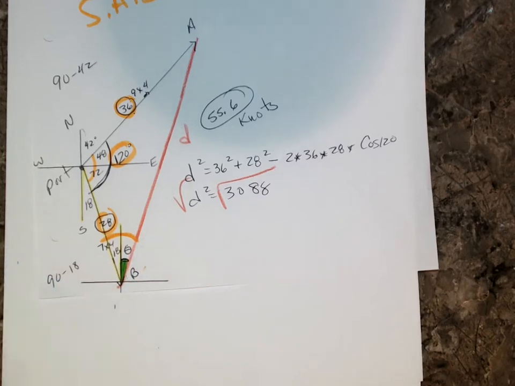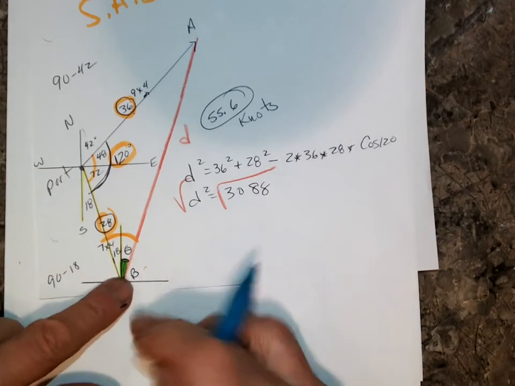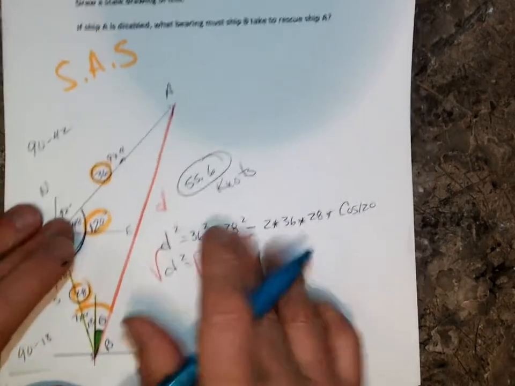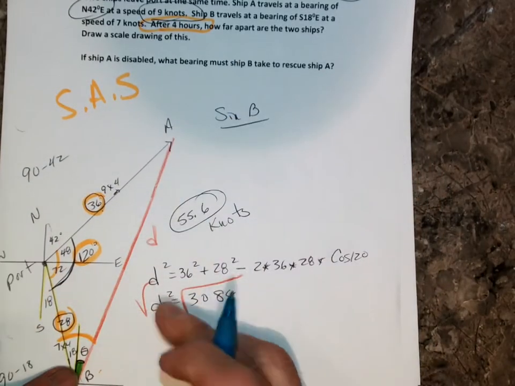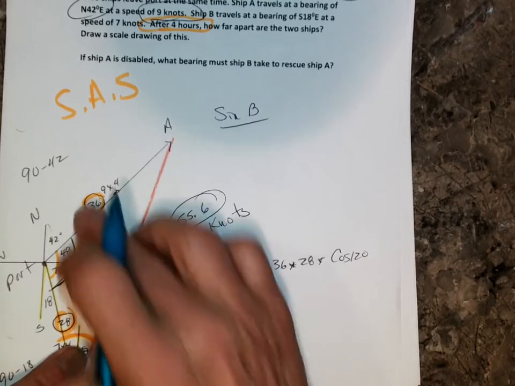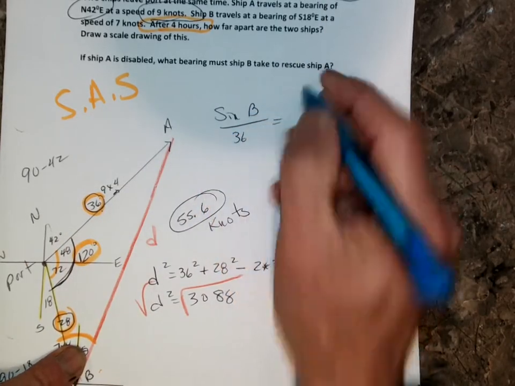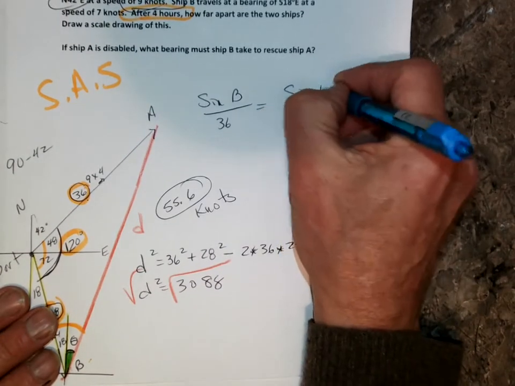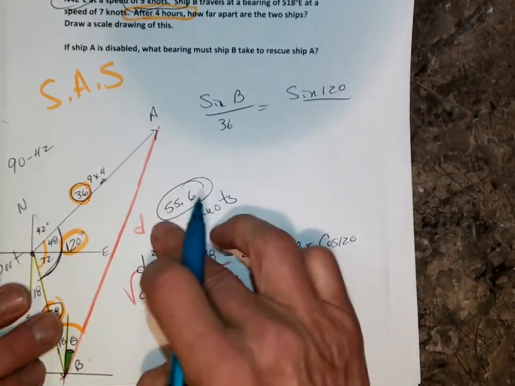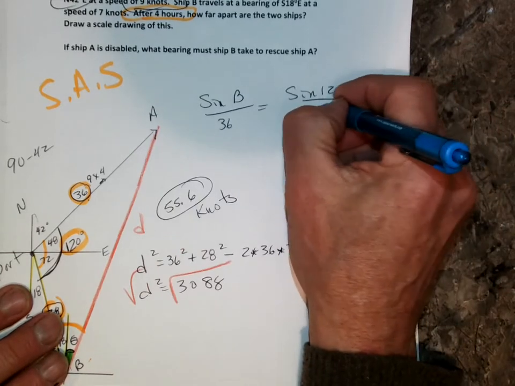Okay, so let's do it. So to find angle B, I've got my opposites, right? Let's take the sine of B, the whole angle, over its opposite side, which is 36, equals the sine of 120, over its opposite side, which is the 55.6.